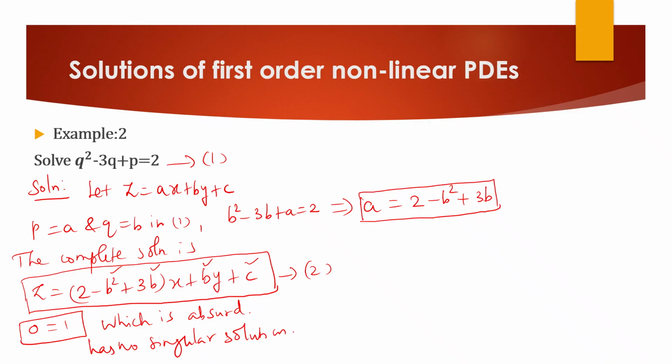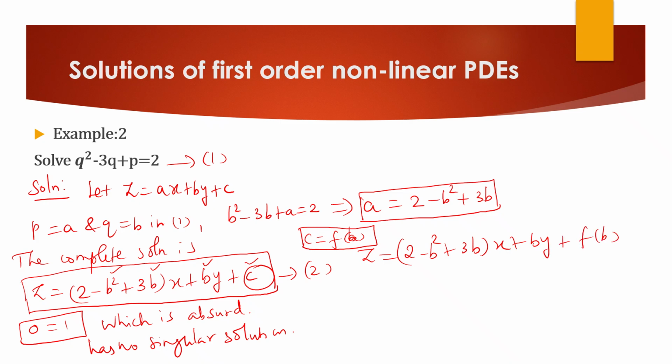For that we have to take one constant as a function of the other. So we take c as a function of b, because here the other constant is b. So we get z is equal to 2 minus b square plus 3b into x plus by plus a function of b.